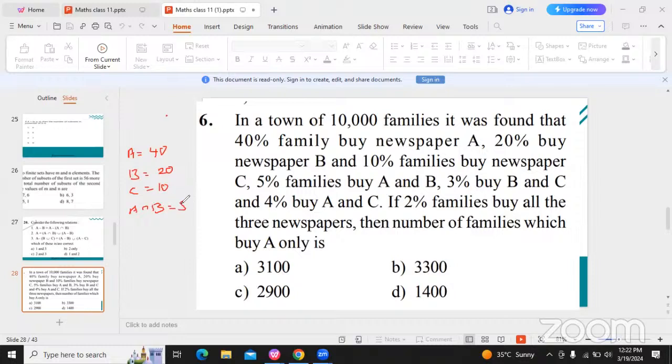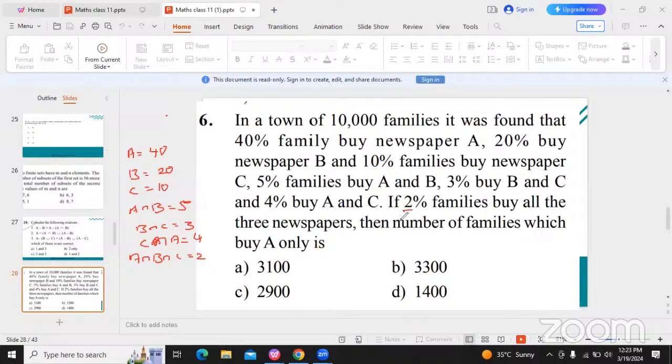That is only 5%, meaning common papers. B intersection C is 3%, C intersection A is 4%, and all three, A intersection B intersection C, is only 2%. Here it is given.